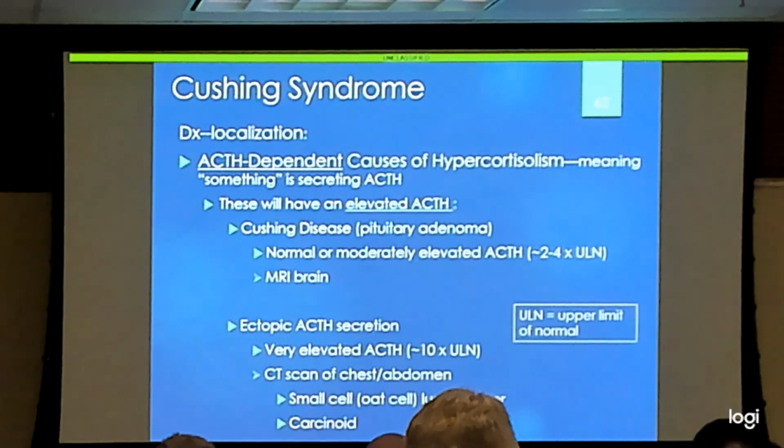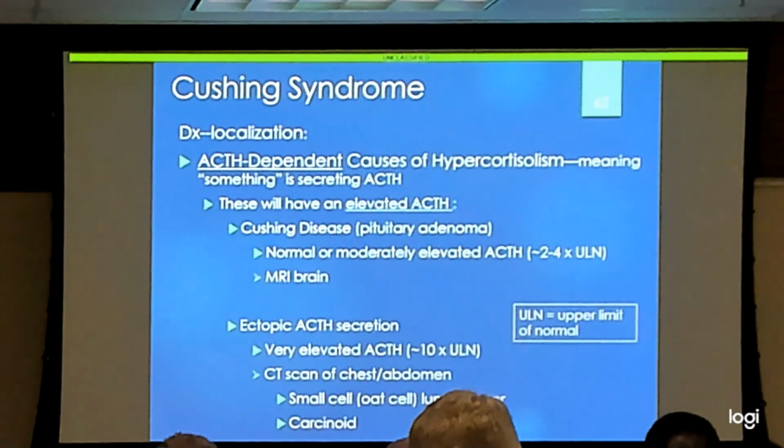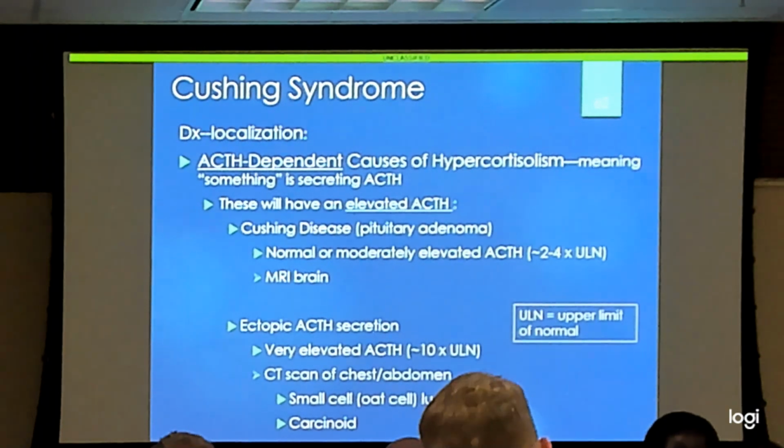So, these patients with elevated ACTH, for example Cushing's disease, it's coming from a pituitary. That's the reason why it's elevated. Or, if it's insanely elevated, that is an ectopic source. The one I want you to remember is small cell lung cancer.